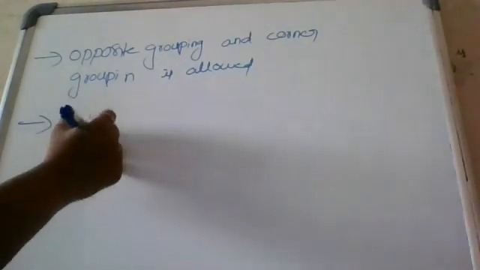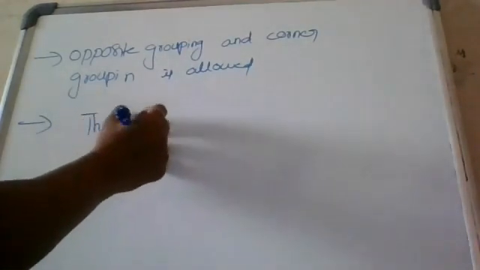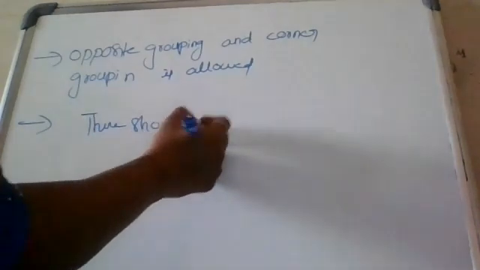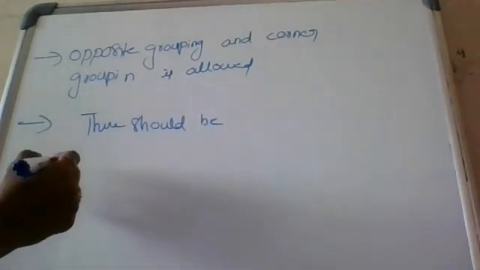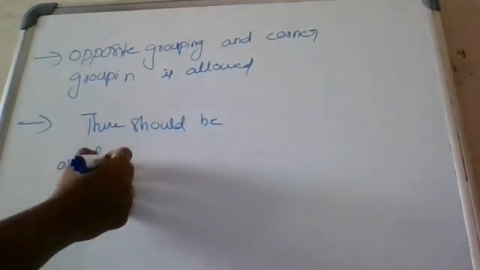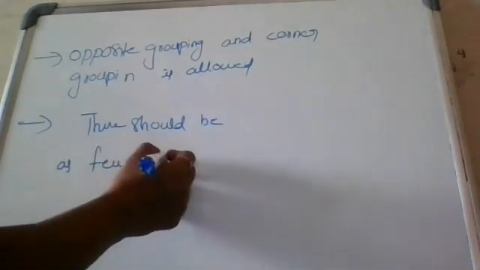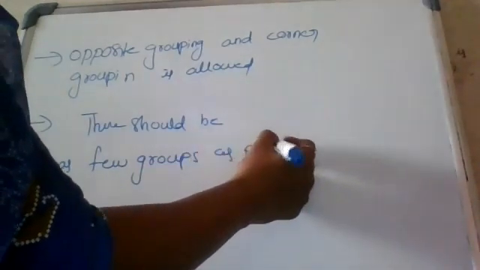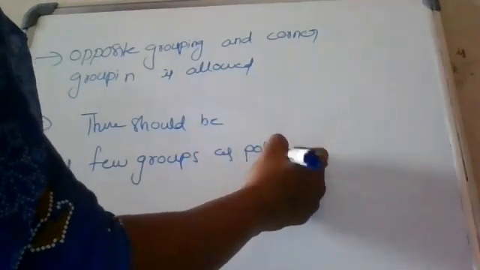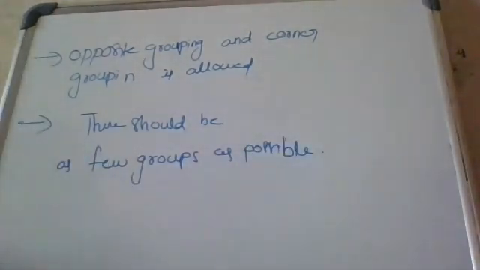There should be as few groups as possible. These are the points of the rules of K-map simplification.